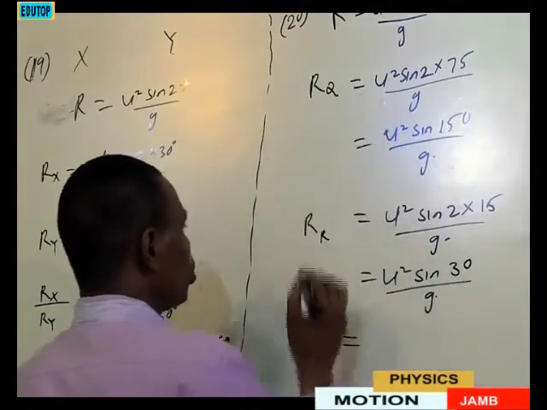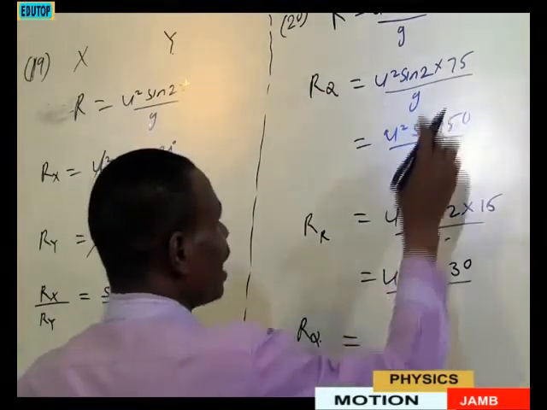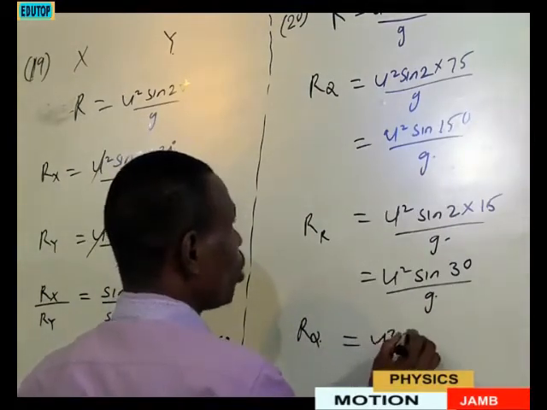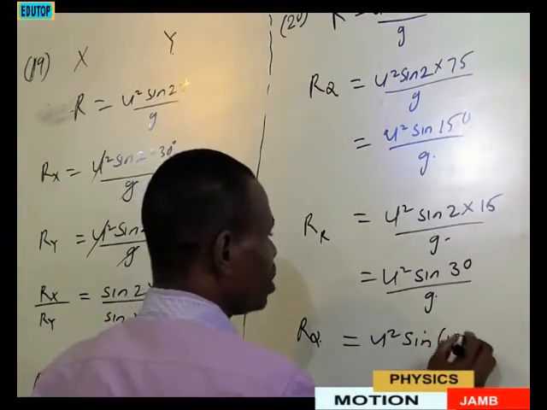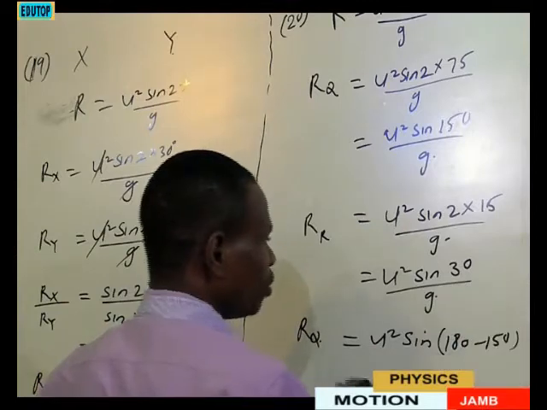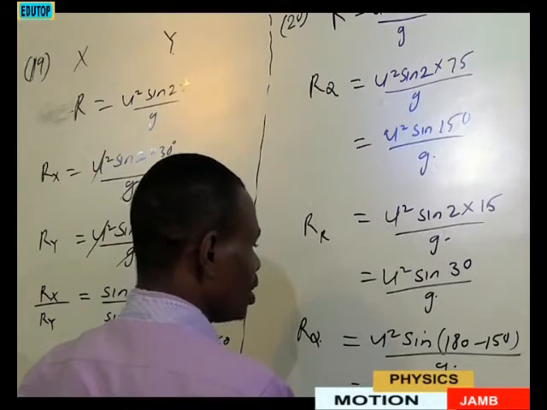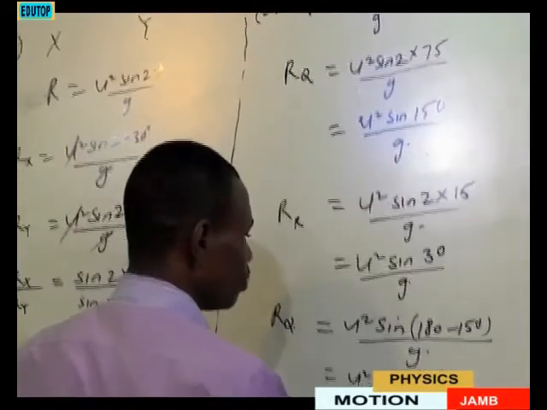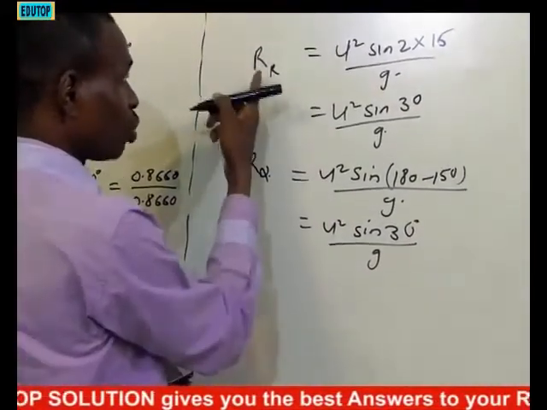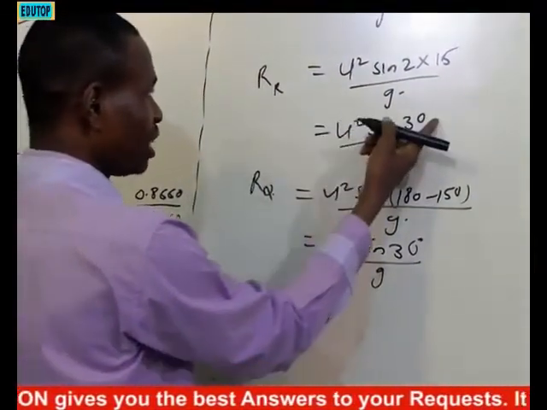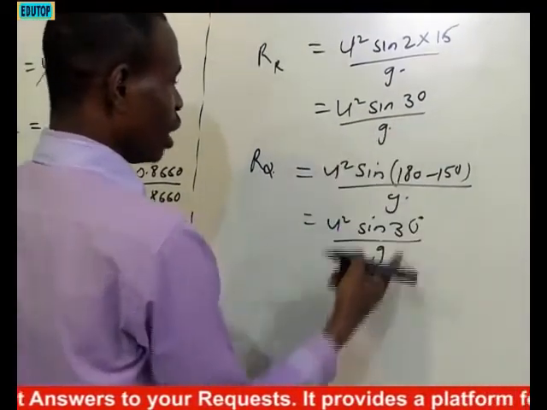For stone Q, the range will now be equal to u squared sine 150 divided by g, and sine 150 can be written as sine of 180 minus 150, which is equal to u squared sine 30 divided by g. You are going to notice something from here: for stone R, u squared sine 30 divided by g, and for Q, u squared sine 30 divided by g.